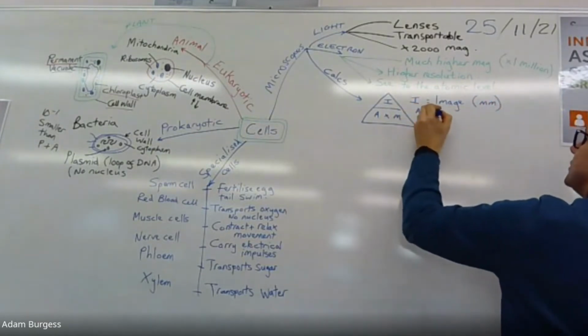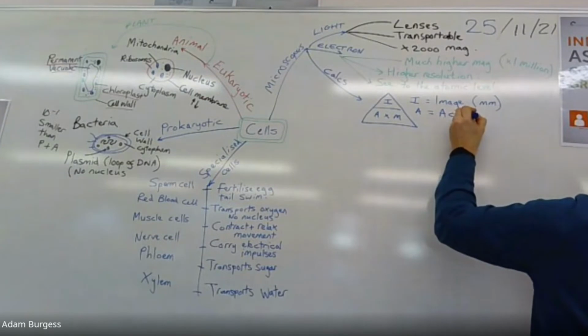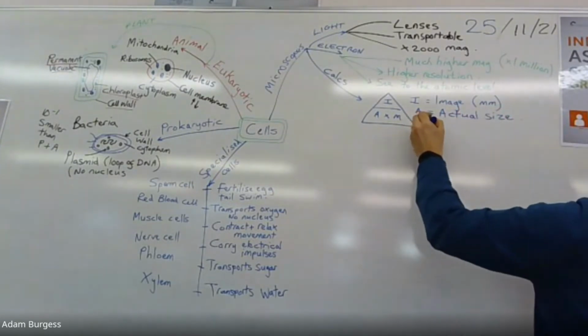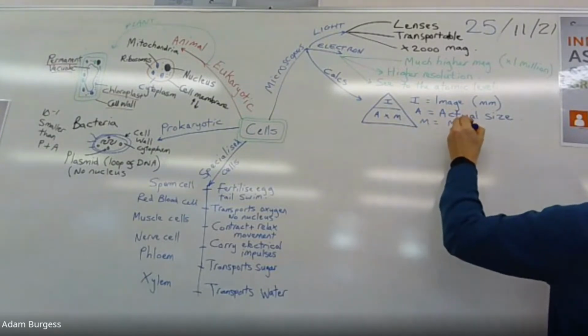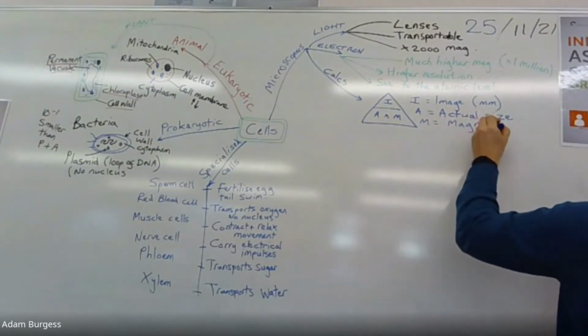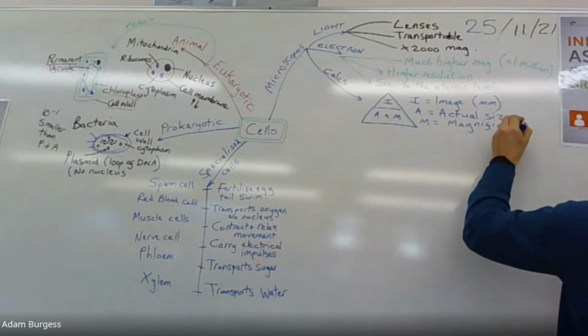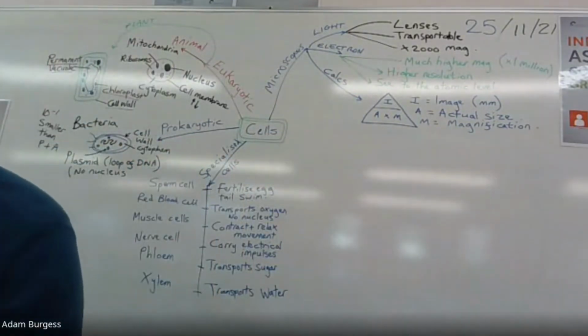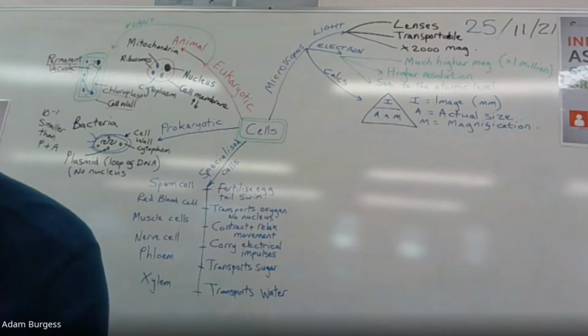A is the actual size, usually in micrometers, and we'll talk about that in a minute, and M equals magnification. So you measure in millimeters, and you sometimes need to convert it into micrometers.